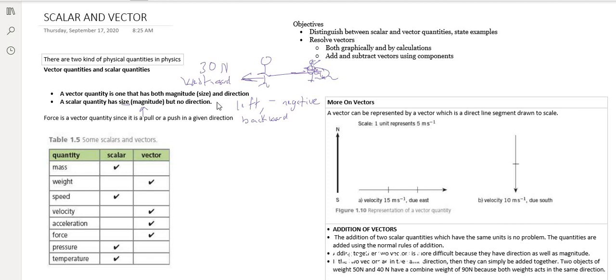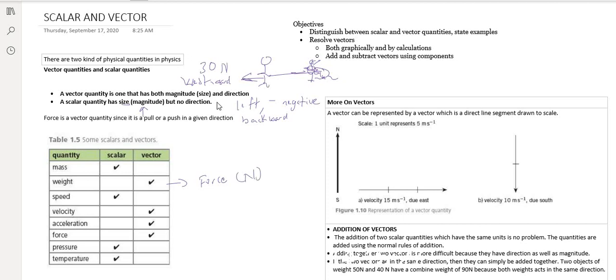We only get a magnitude. When we use a spring balance to find the weight of something, we're actually measuring the force. Weight is a force acting down on something, and force is measured in newtons.